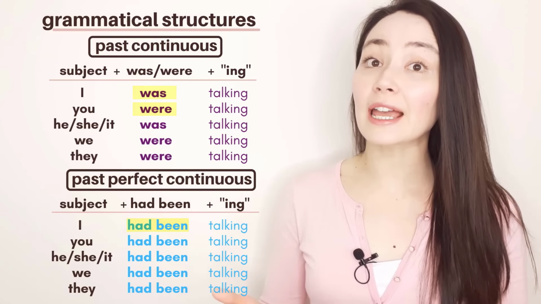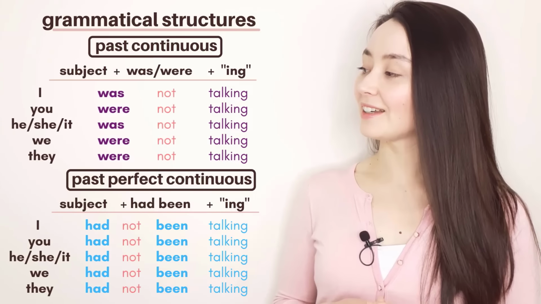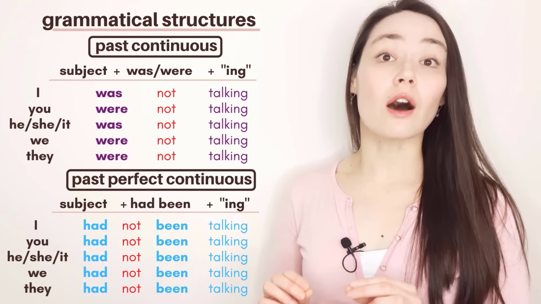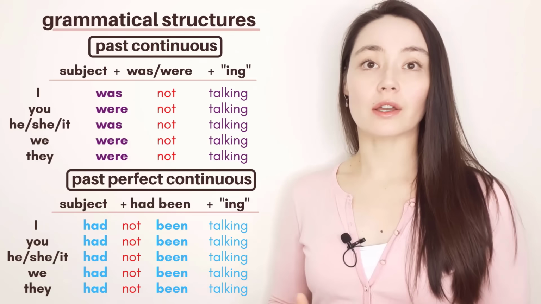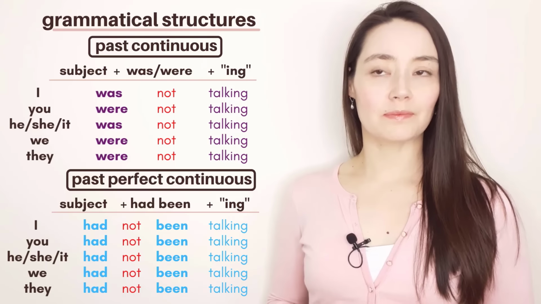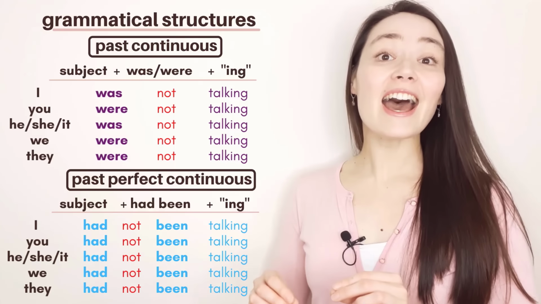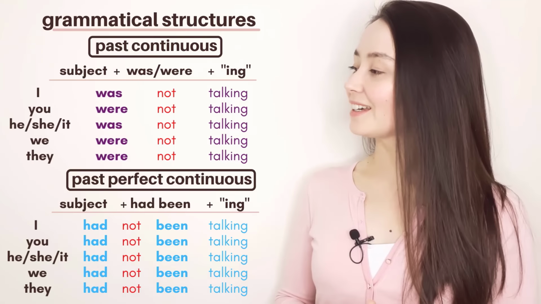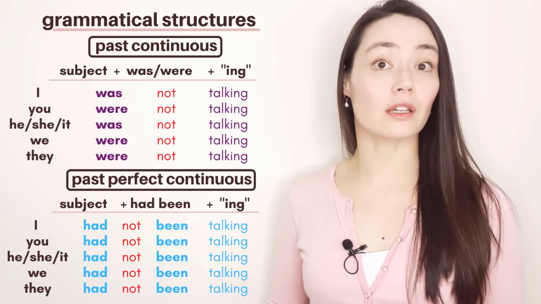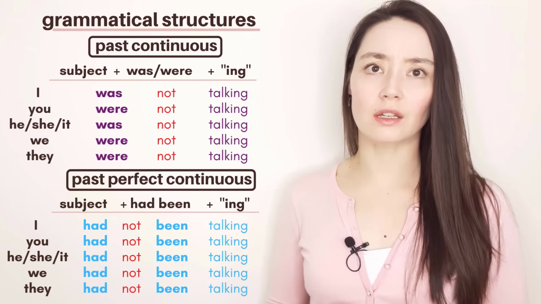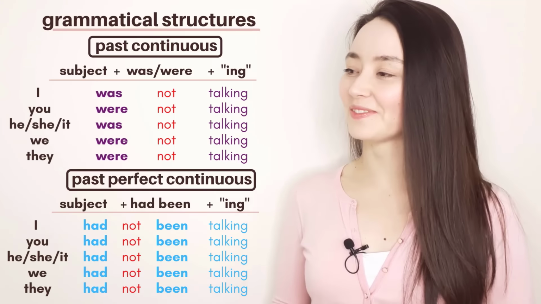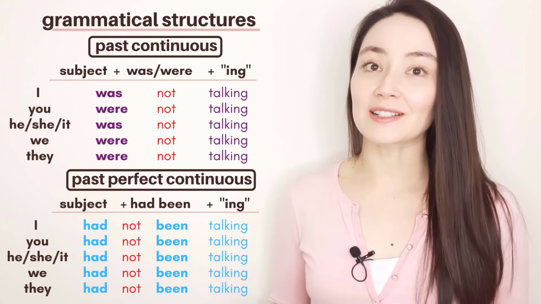How do we form the negative? Look where I put not. I was not talking. You were not talking, etc. Had not been. I had not been talking. You had not been talking, etc. Let's look at those questions.